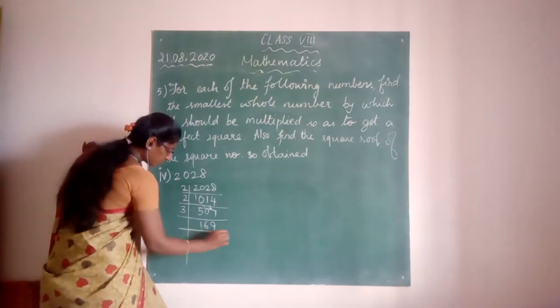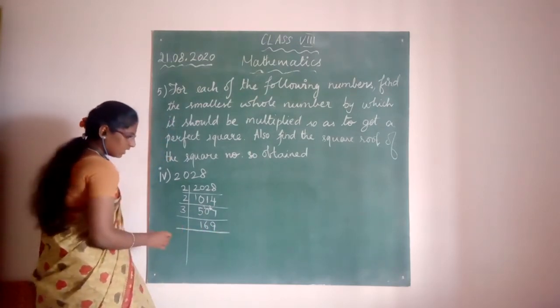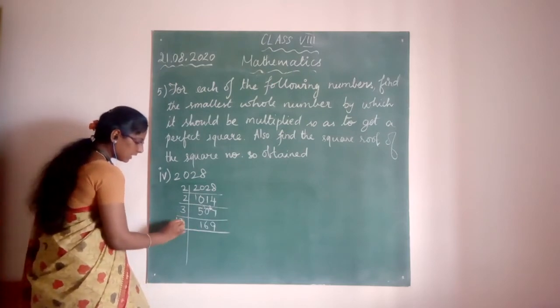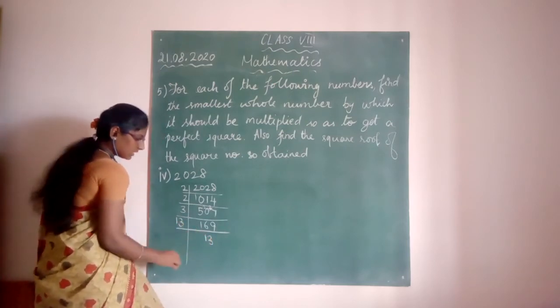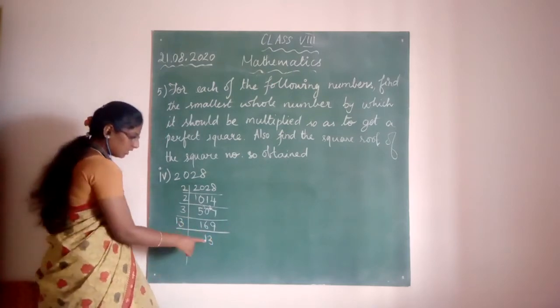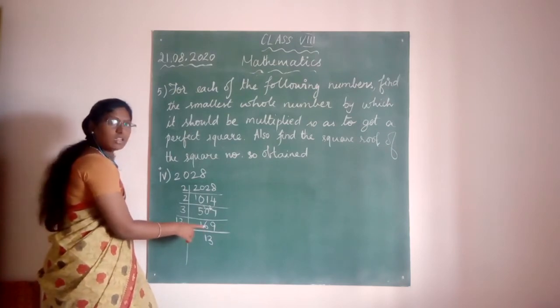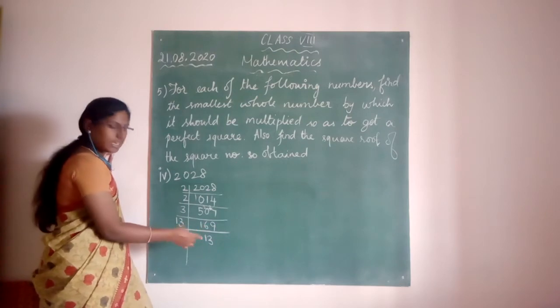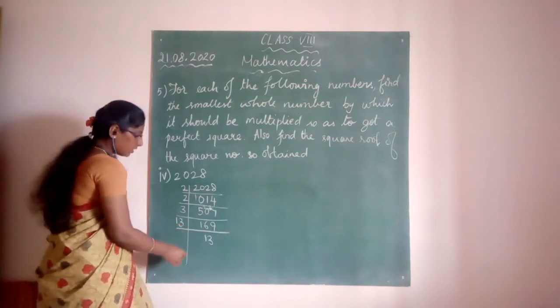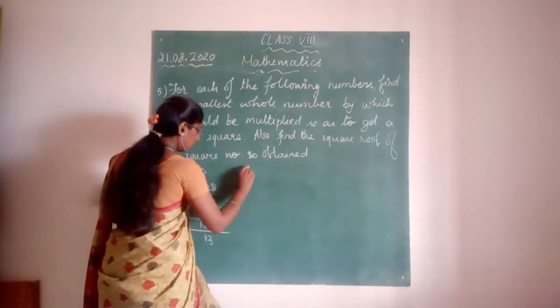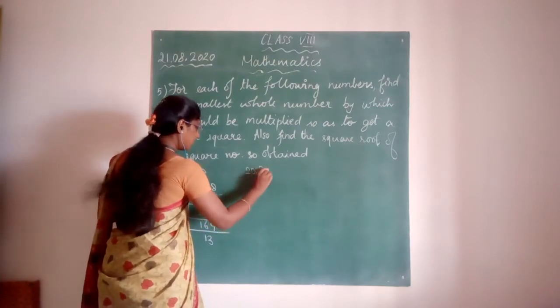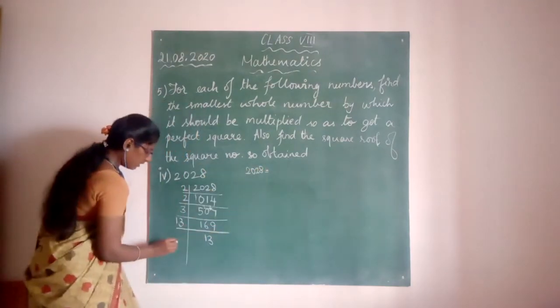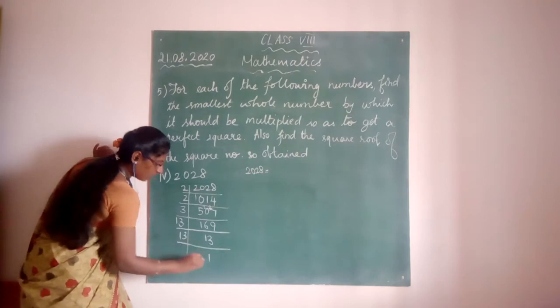Next, 169. 13 into 13 is 169. 13 ones are 13, right? Then 3 will be remaining, that is 39, and 13 into 3 is 39, right? So 3. Now you can write 2028 is equal to, one more step is there, sorry.